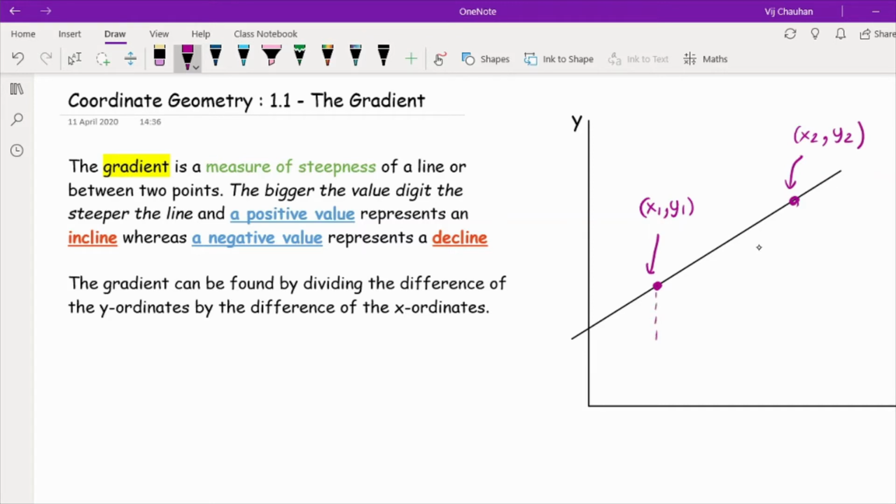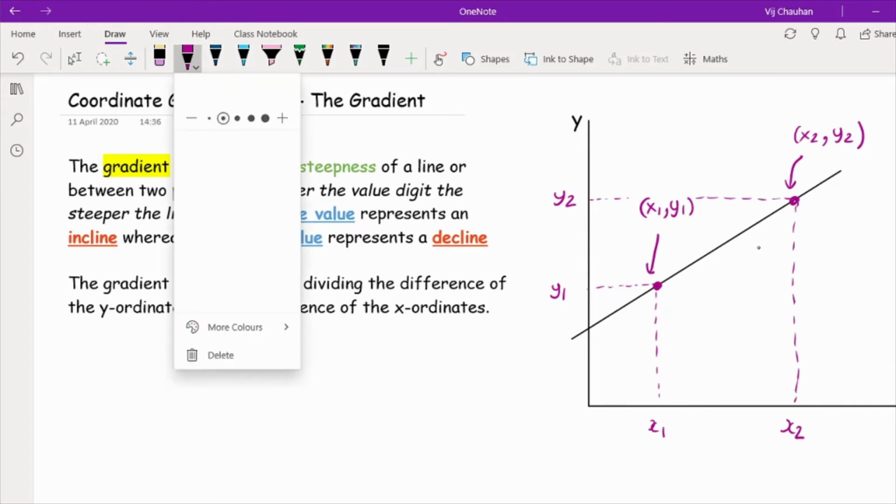And what that then means is that this value here is going to be x1, this value here is going to be y1, this value here is going to be y2, and this value here is going to be x2.